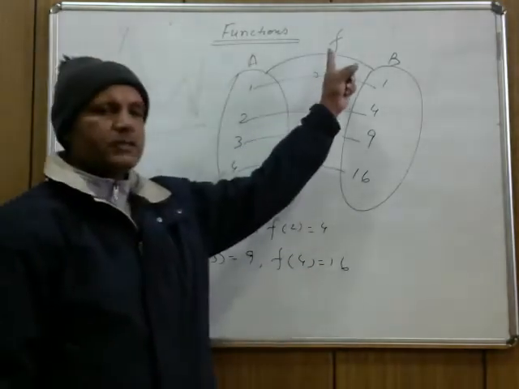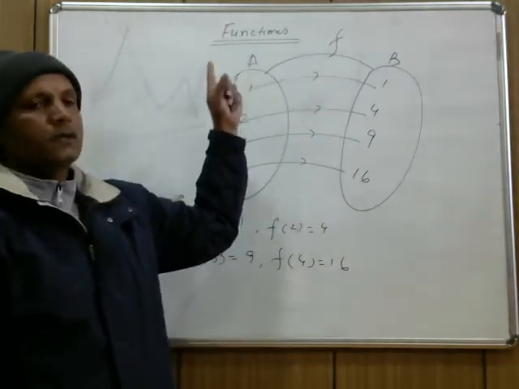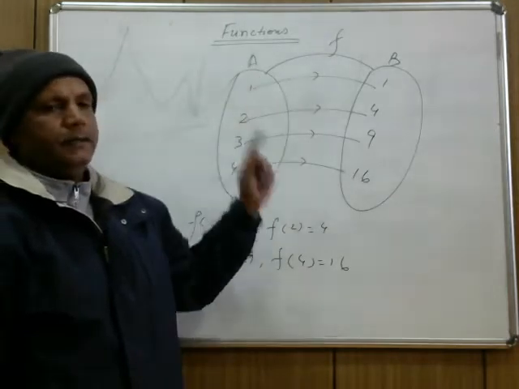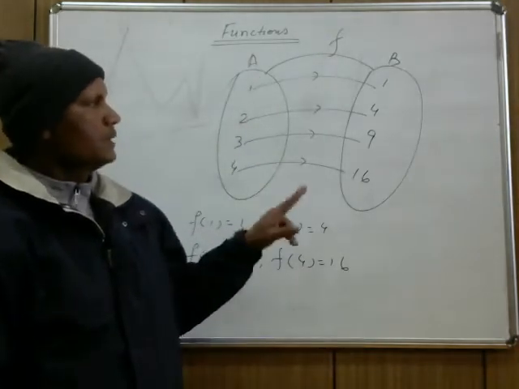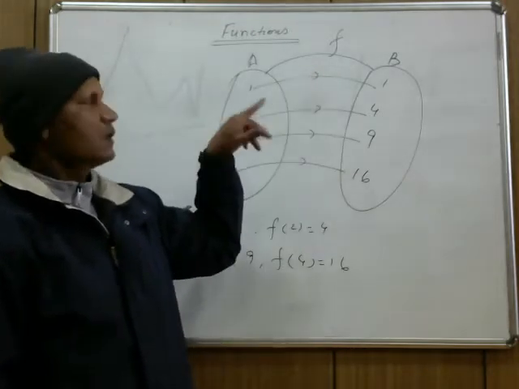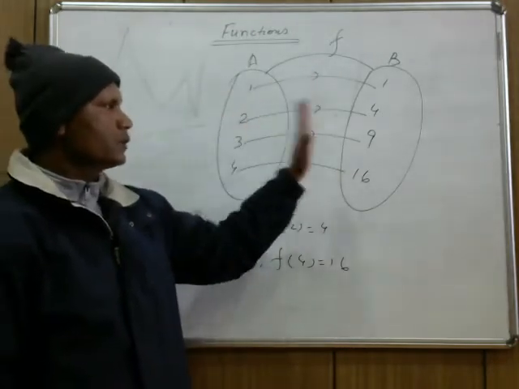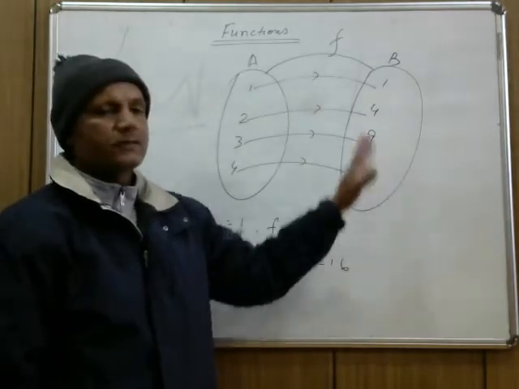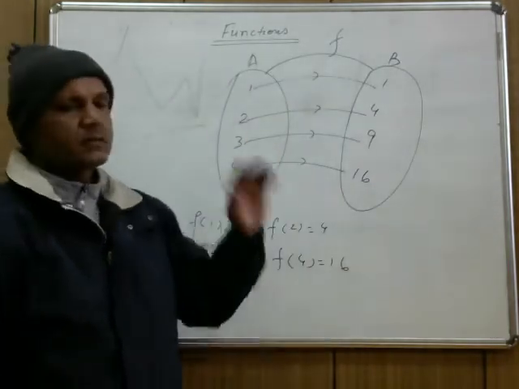F is a rule which is applied on the elements of set A, which gives the elements of set B. That is, for each and every element of A, there is a unique element in the set B. Then this function is defined.